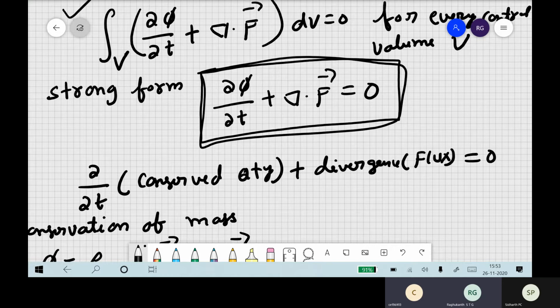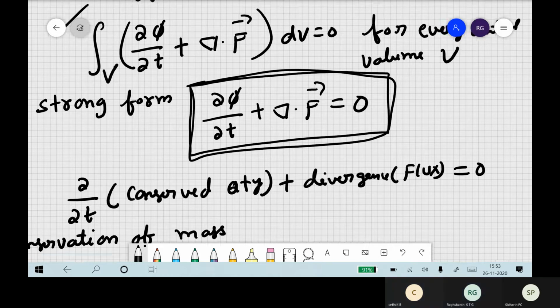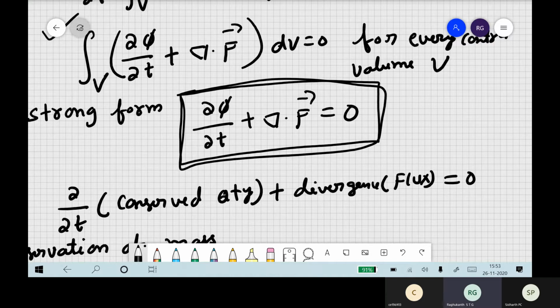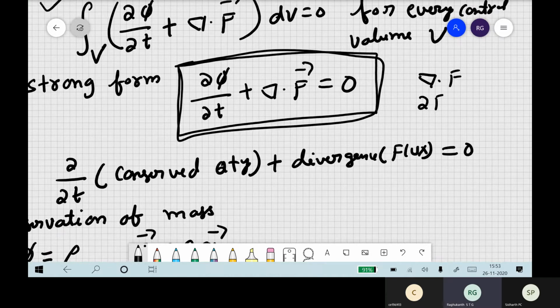No, it is first order. In space, what is the divergence of f? The divergence of f is nothing but ∂fx/∂x plus ∂fy/∂y plus ∂fz/∂z. This is my equation.